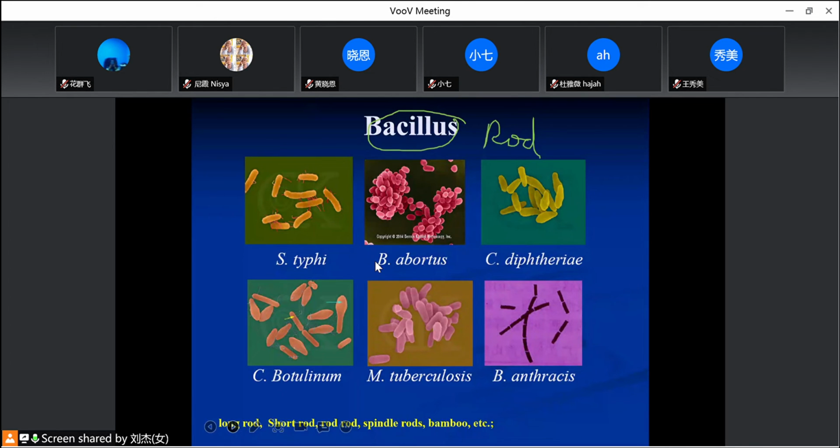Here you see long rod, short rod, different rod, spindle like this one, and bamboo. This one looks like a bamboo, right? So all of them are rod. However, for example, this one, maybe you will see it looks like a coccus, right?